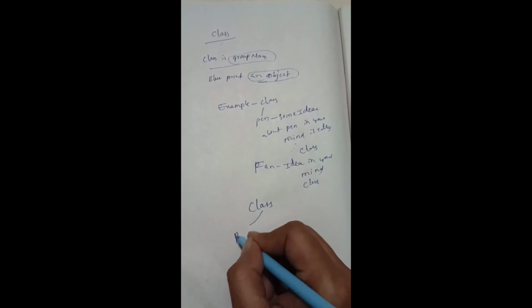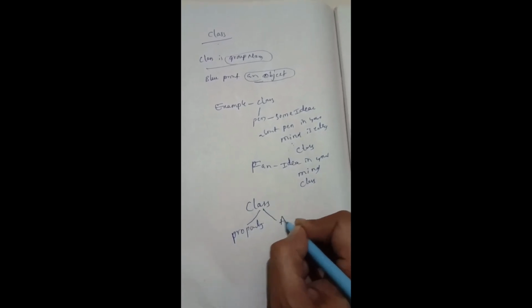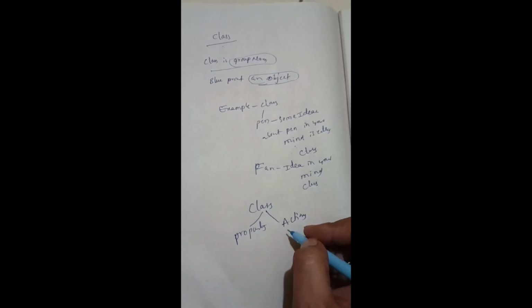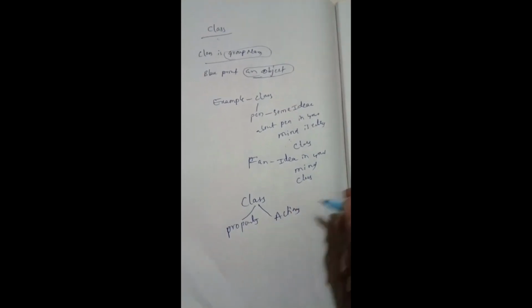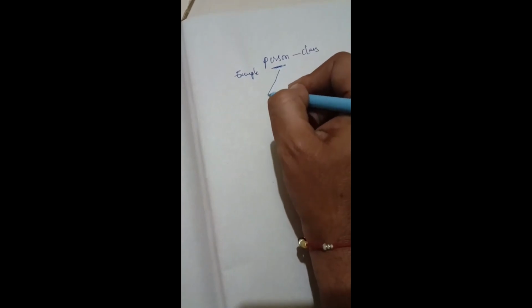contains properties and actions. Class contains the properties and actions. Another example of the class is the person. Person is the class.